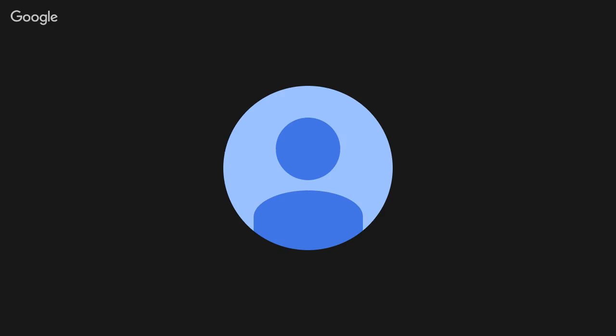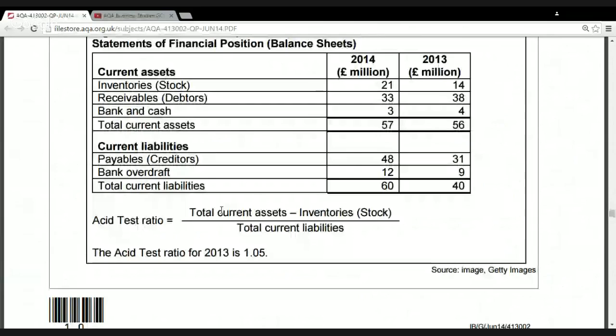A glimpse of the balance sheet. So we've got the current assets, current liabilities, and the acid test ratio there as well.